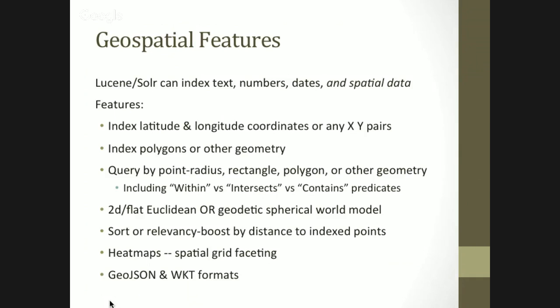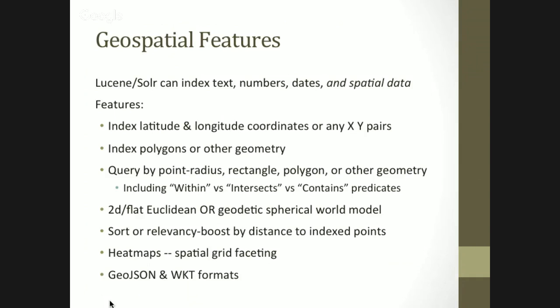Effectively, you index, well, most of the time people's search requirements are indexing point data, but on occasion some people want to index something else, like polygons or circles or rectangles and such things. And you want to query by a shape as well. So if you're indexing point data, you might want everything within a certain radius of a midpoint that represents the user or whatever your query is for.